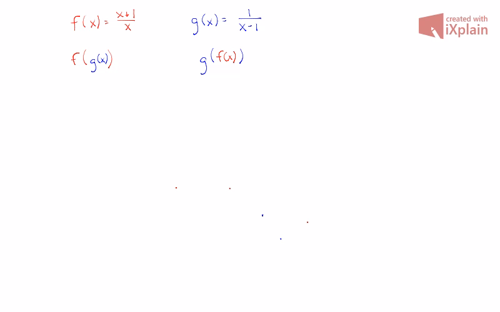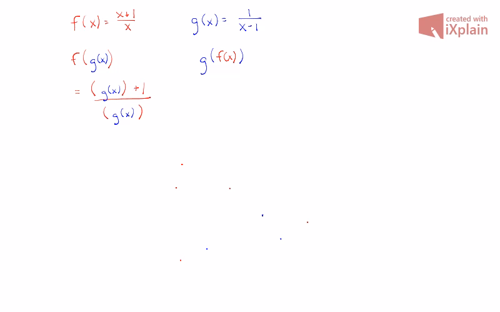So for the first one, if we have f of g of x, then what we're saying is everywhere that we see an x, we're going to replace it with a g of x. I'm going to leave parentheses open and swap out all the x's for g of x's.